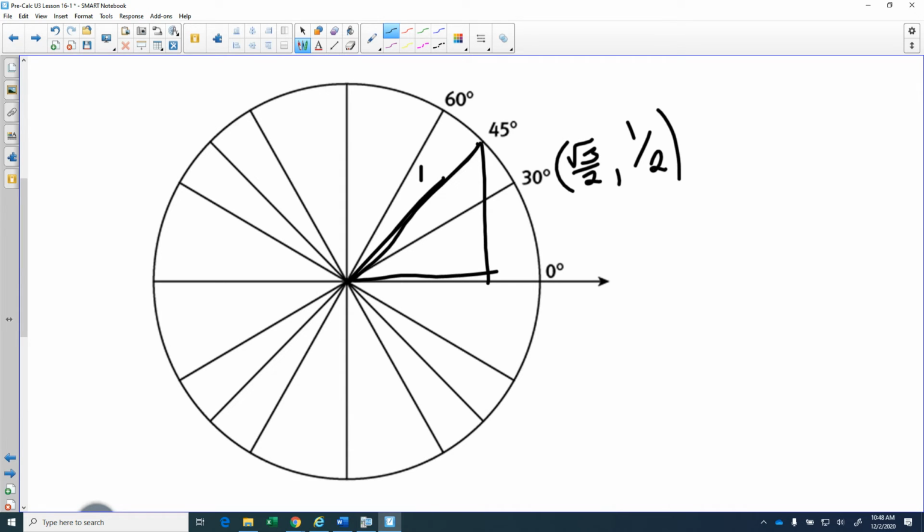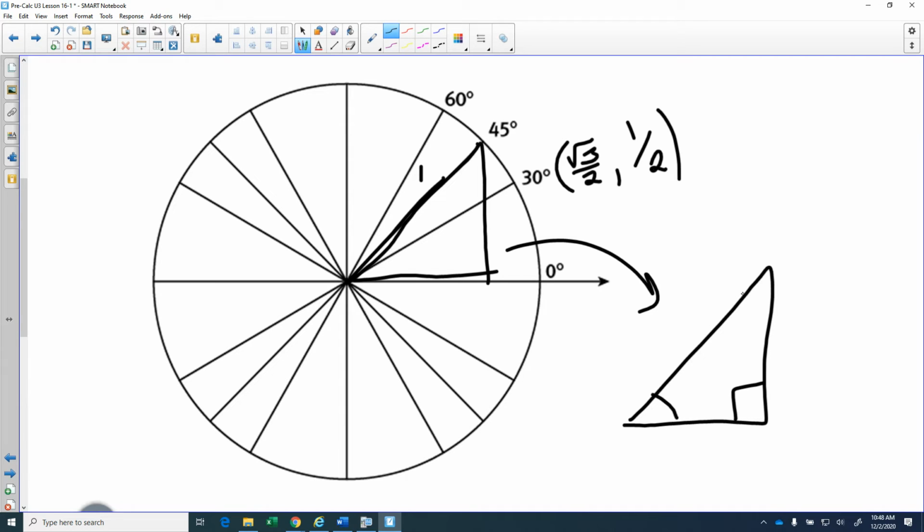Where if my radius is 1, that would create a triangle that if I pulled it out, this would be a right triangle with 45, 45 equal measures, meaning that each side has to be equal to the square root of 2/2. Okay?